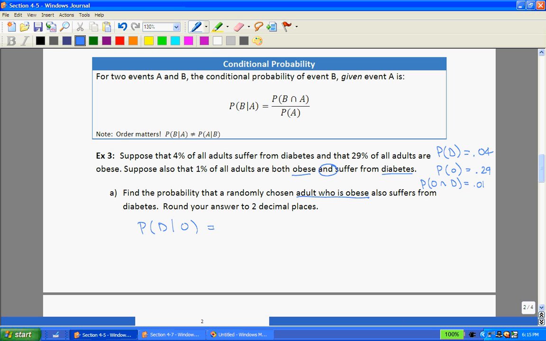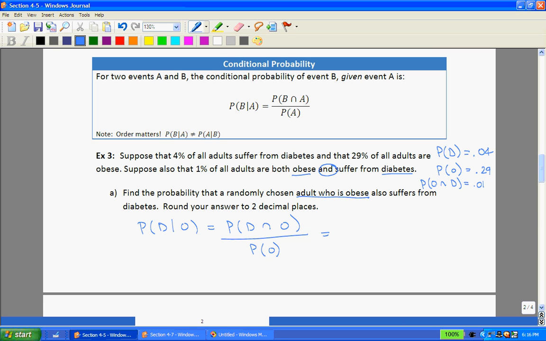So now when I go to use my conditional probability formula, I'll write this as the probability of D intersect O, I'm looking at the formula, divided by which one, D or O? What's going to be the second one? What came second over here, and what came second over here? So divided by probability of O. And we know all this information.